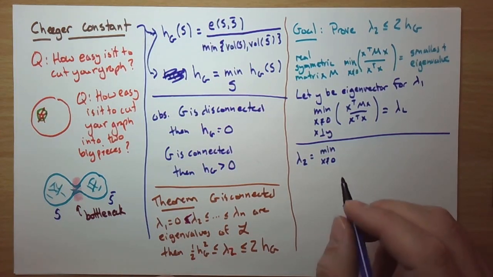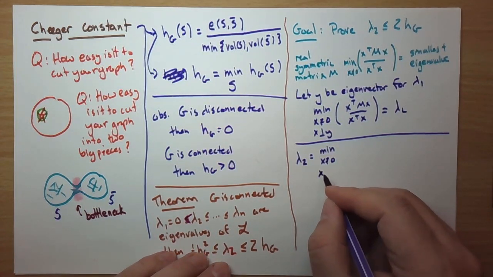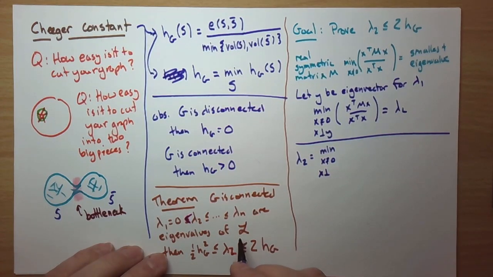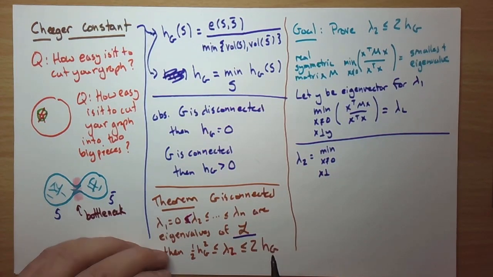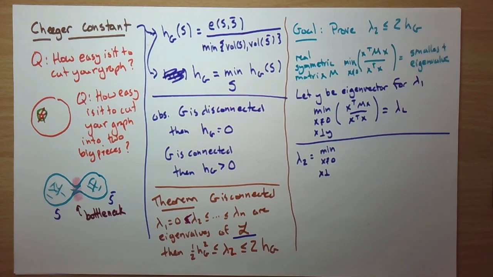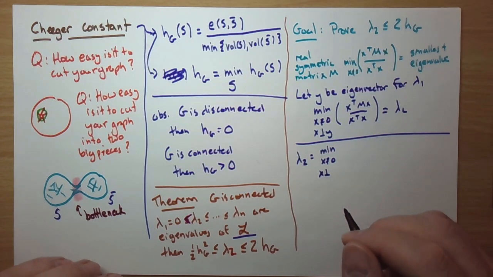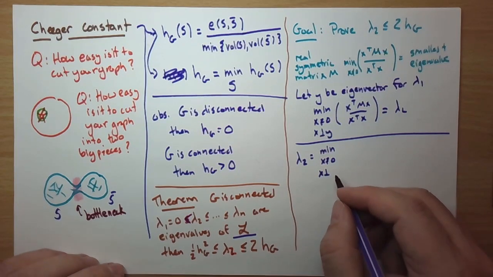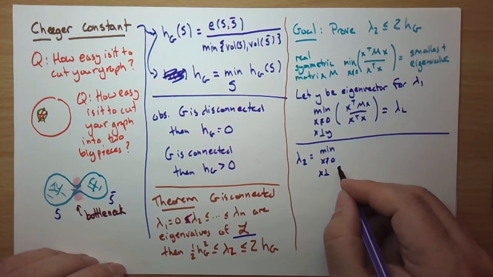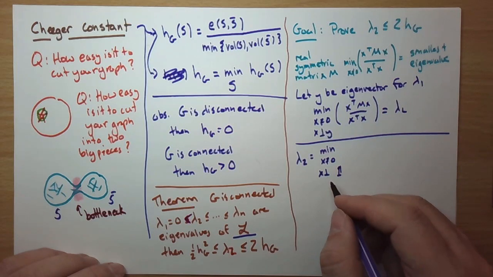So it's the min over all x non-zero, x perpendicular to, and let's recall, do we remember what the eigenvector is for the normalized Laplacian associated with the smallest eigenvalue? Is it 1? Ooh, it is almost 1, with a suspicious gap.